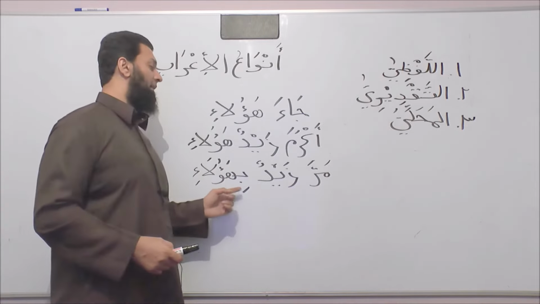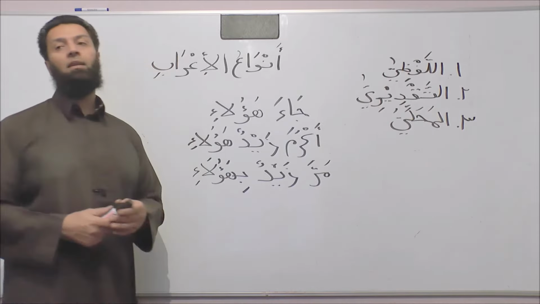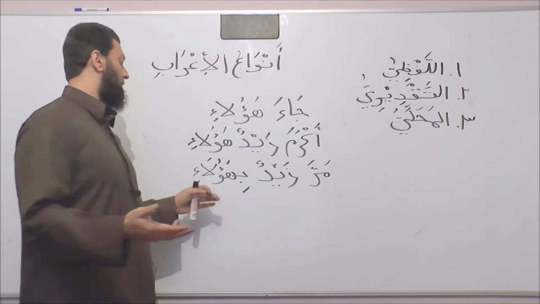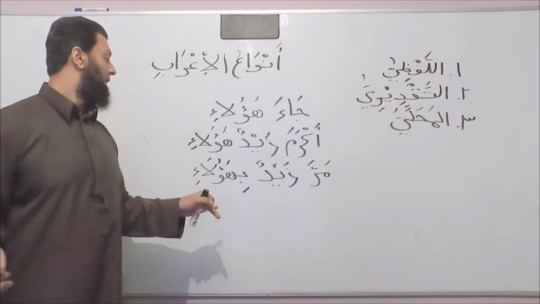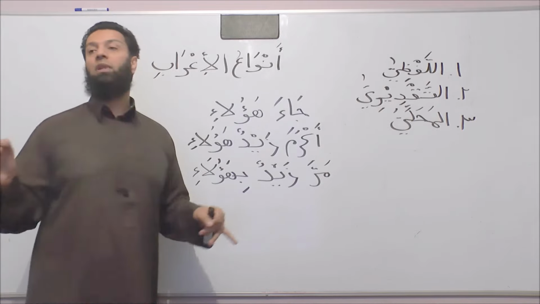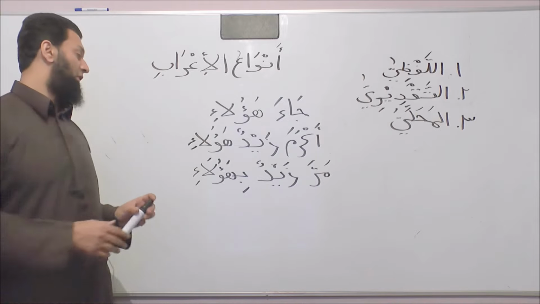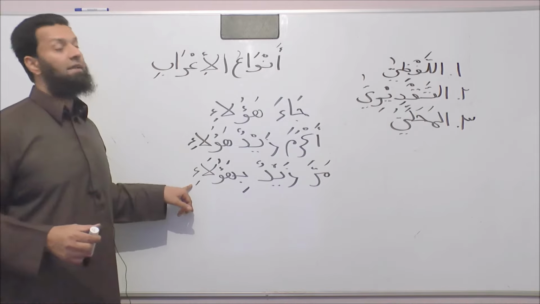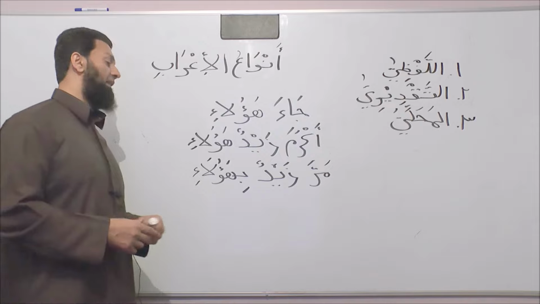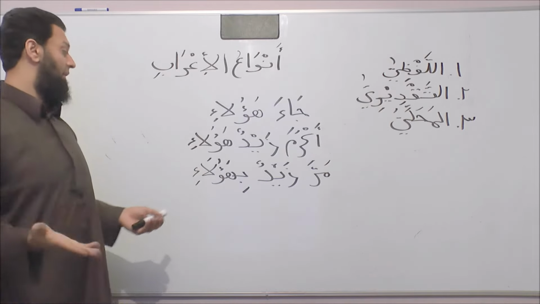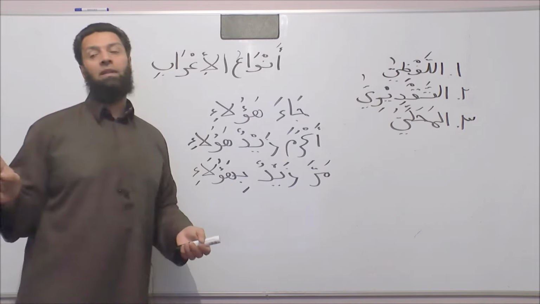Then we have bi, which here means by. It's a harfu jarrin, which therefore ha'ula'i must ordinarily be majrurun. But many people become confused here because they look at the kasrah on the end of ha'ula'i and say, well, it is majrurun. There's a kasrah there, but it's not.